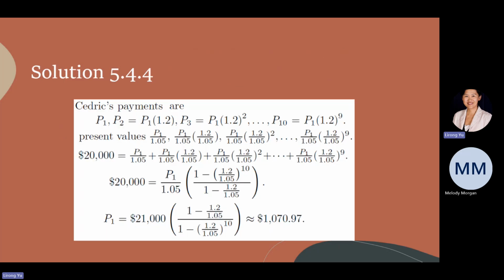Then we're using a discount factor, so the first payment is discounted to time 0, and it's all discounted to time 0. The 1.2 is the geometric progression, 20%. So that's what we have, the 20,000 equals the geometric sum of all the future payments. And then all we have to do is solve for P1, the first payment amount. Any question?